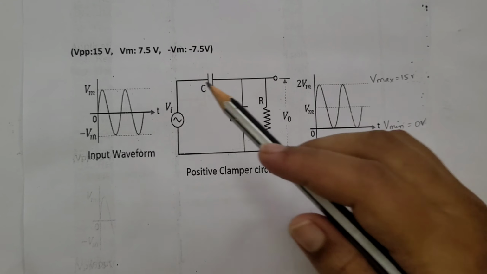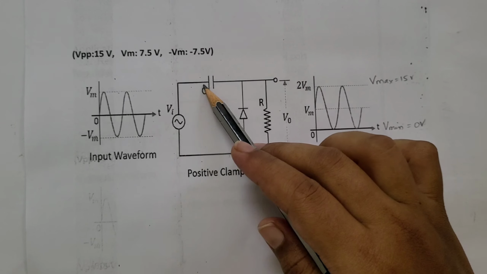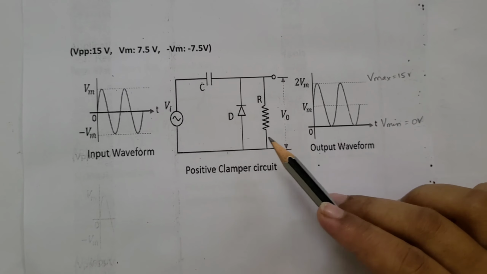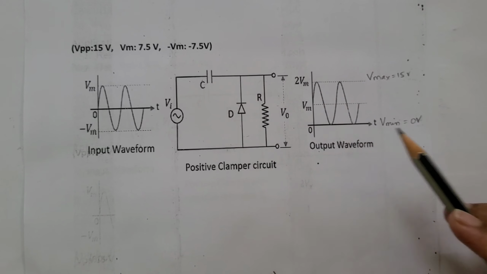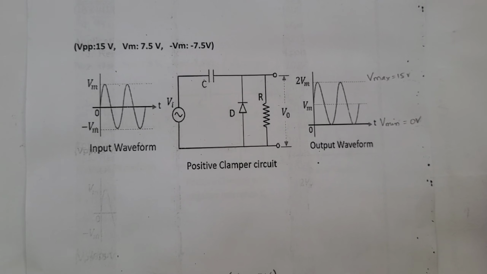Here, the input signal is applied at the terminals of the capacitor and diode, and the output waveform is observed across the resistor. Let's implement this circuit to observe the output waveform.